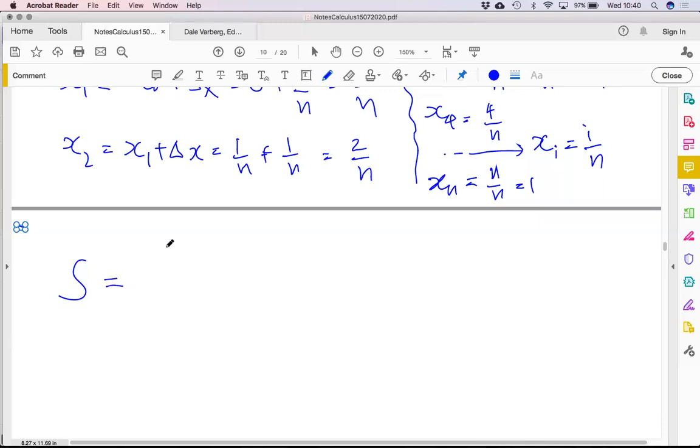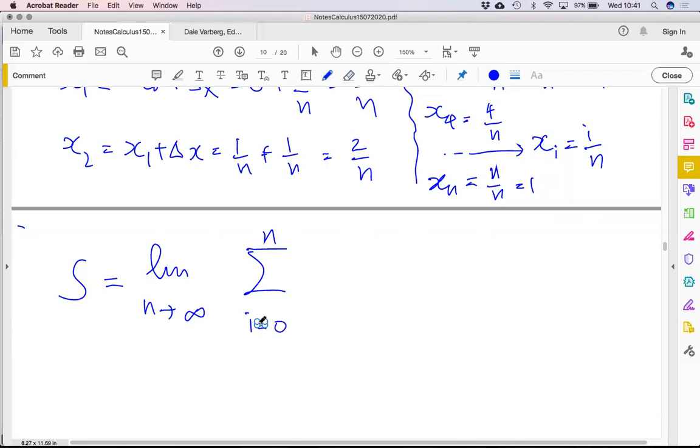Okay, so the area of S equals the limit as n goes to infinity of the sigma starting from 1 until n. Basically, it doesn't matter where your i starts, whether from 0 or from 1.